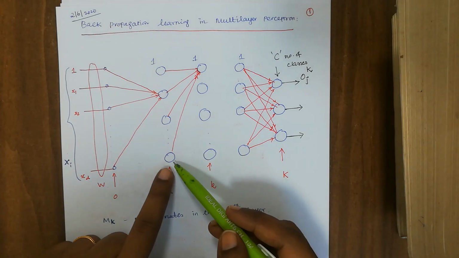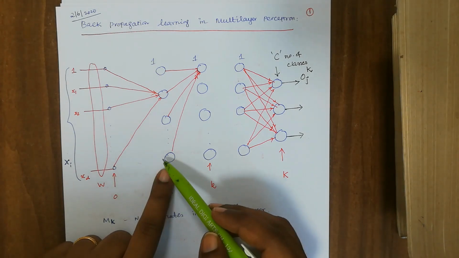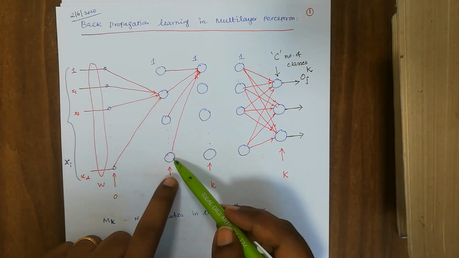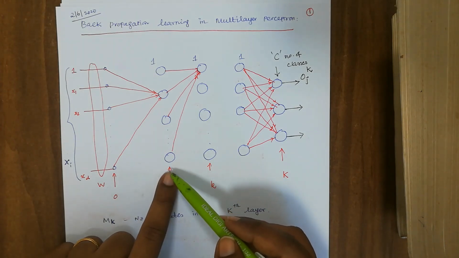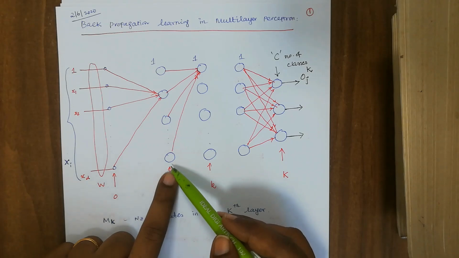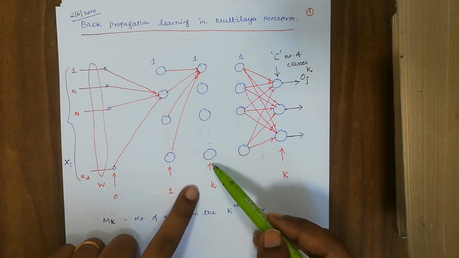The next layer to the input is represented as layer 1, which starts from the hidden layer at the 1st layer.